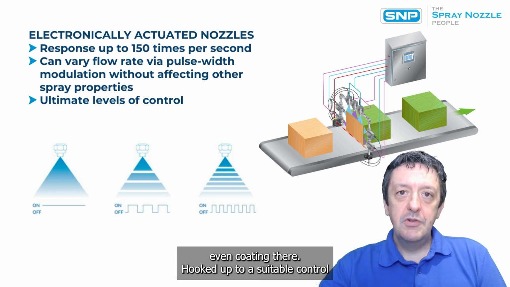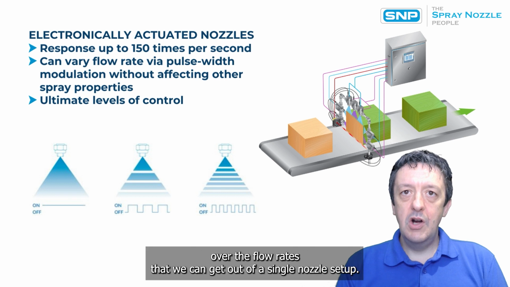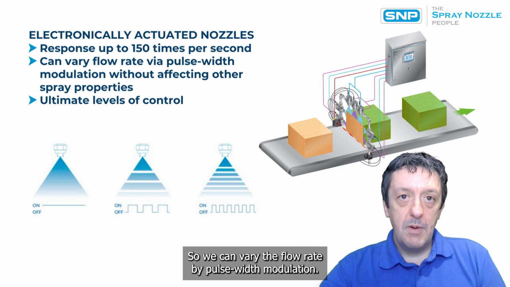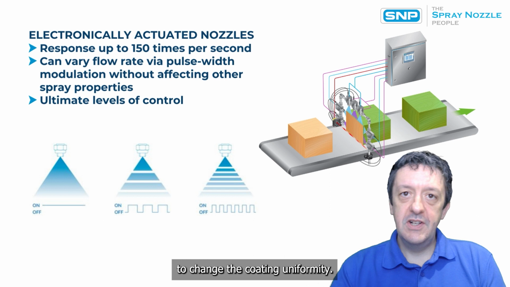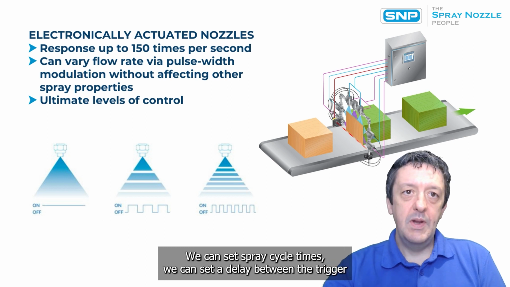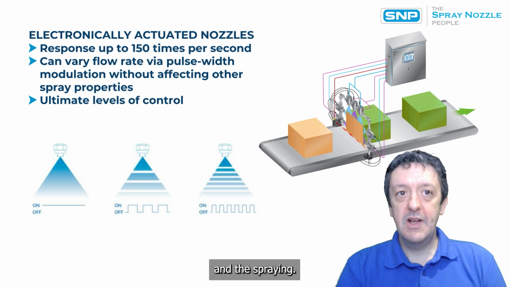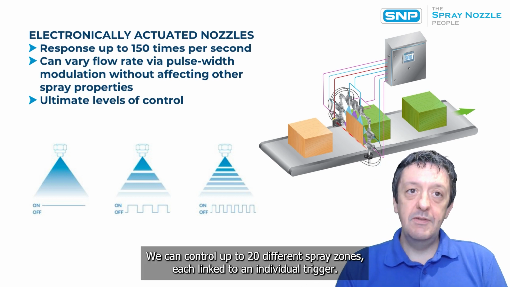So hooked up to a suitable control system, this can give an incredible degree of control over the flow rates that we can get out of a single nozzle setup. So we can vary the flow rate by pulse width modulation, we can vary the frequency of the modulation to change the coating uniformity. We can set spray cycle times, we can set a delay between the trigger and the spraying, control up to 20 different spray zones, each to an individual trigger.